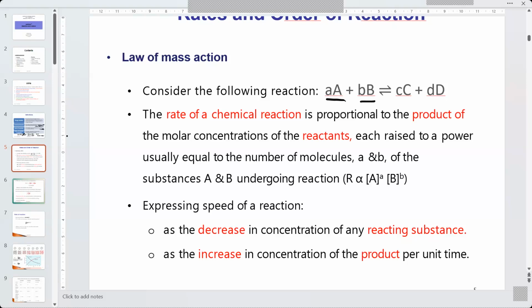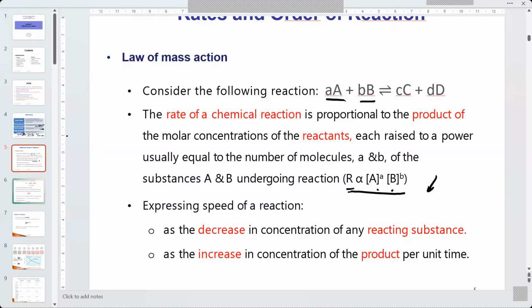So in the law of mass action, in such a reaction, we write the rate of reaction R is equal to A raised to the power of the number of its molecules times B raised to the power of its number of molecules. In this equation, we express the rate of reaction as the consumption of reactants, since with time the concentration of reactants will decrease, right?